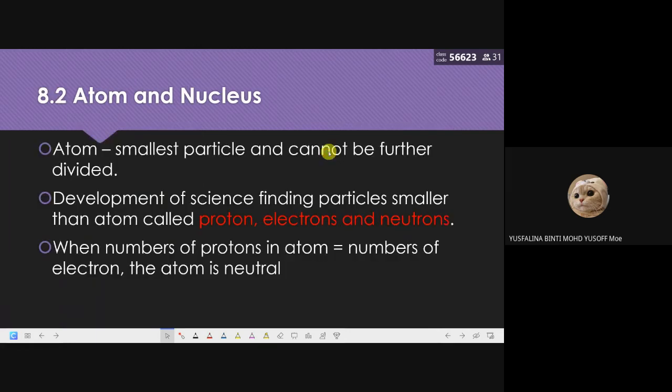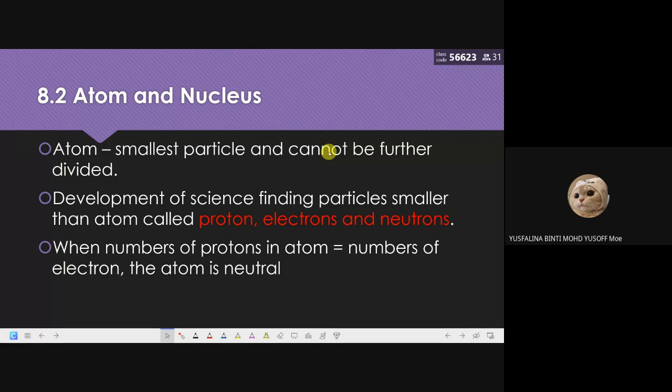Atom and nucleus. The atom is the smallest particle and cannot be further divided. Alright, development of science found particles smaller than the atom, called proton, electron, and neutron.